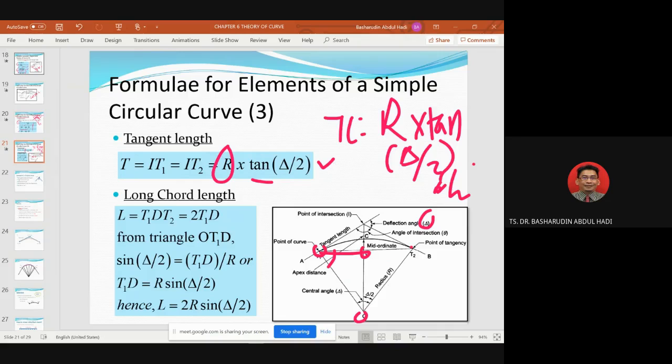Hence, for the long chord, the formulation is 2R sine theta divided by 2. This is the formula for the long chord in a simple circular curve for this topic.